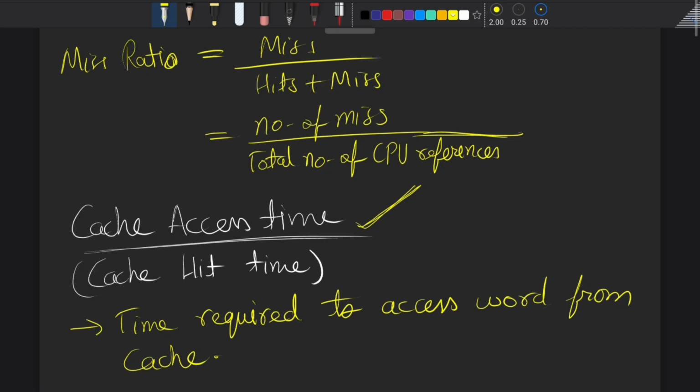So how do we define cache access time? It is also known as cache hit time. So the time required to access a word from cache is known as cache access time. So the cache access time is simply defined as the time required for a word to be fetched from cache.